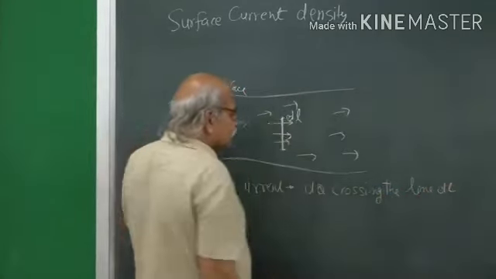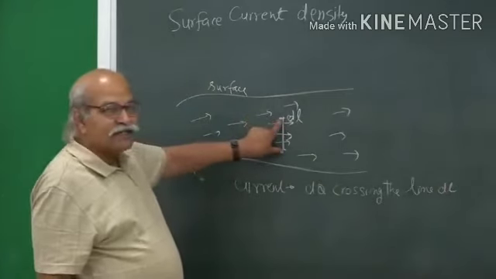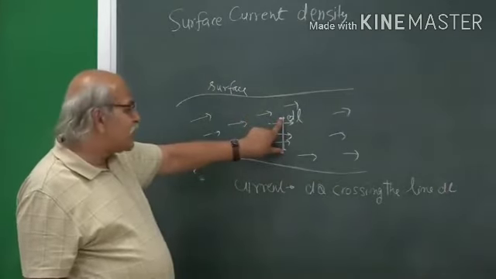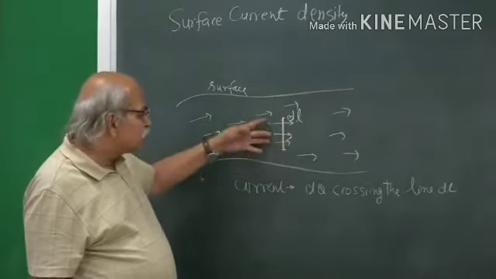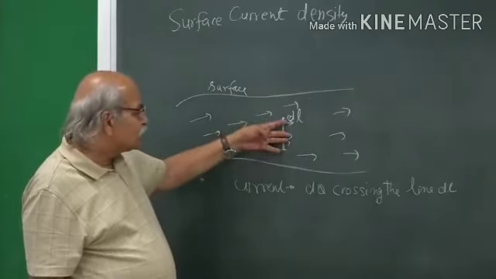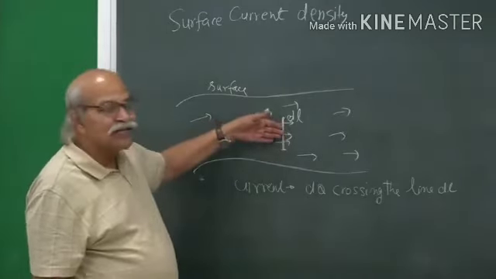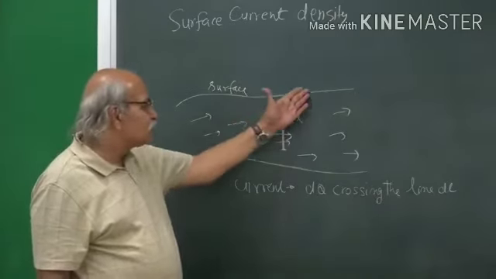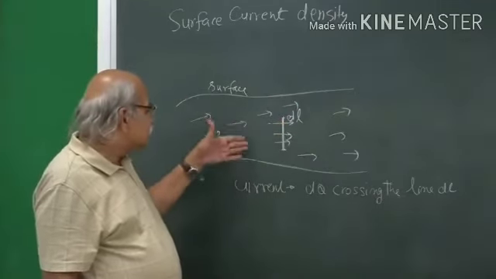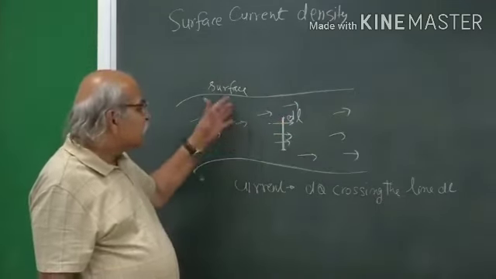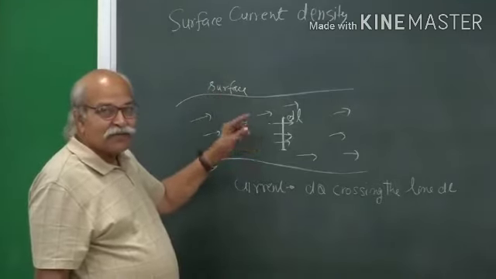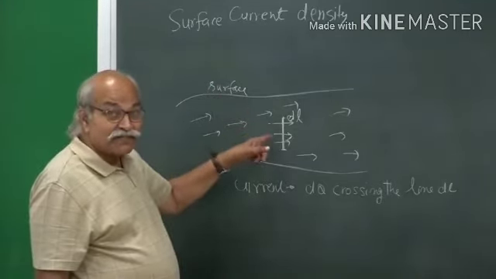There is a line of length dl on this surface, and I have drawn it perpendicular to the direction of motion of those charges at that location. At different locations, maybe the speed v can be different or the direction can be different. That is why at every point it will be different.